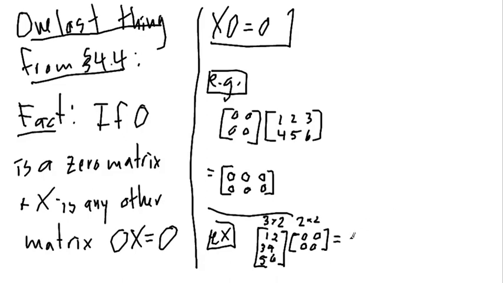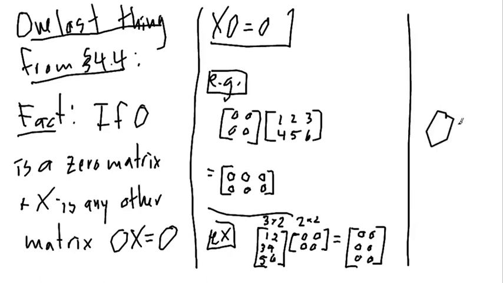Verify that this does indeed give you the 3 by 2 zero matrix. It should. Okay.